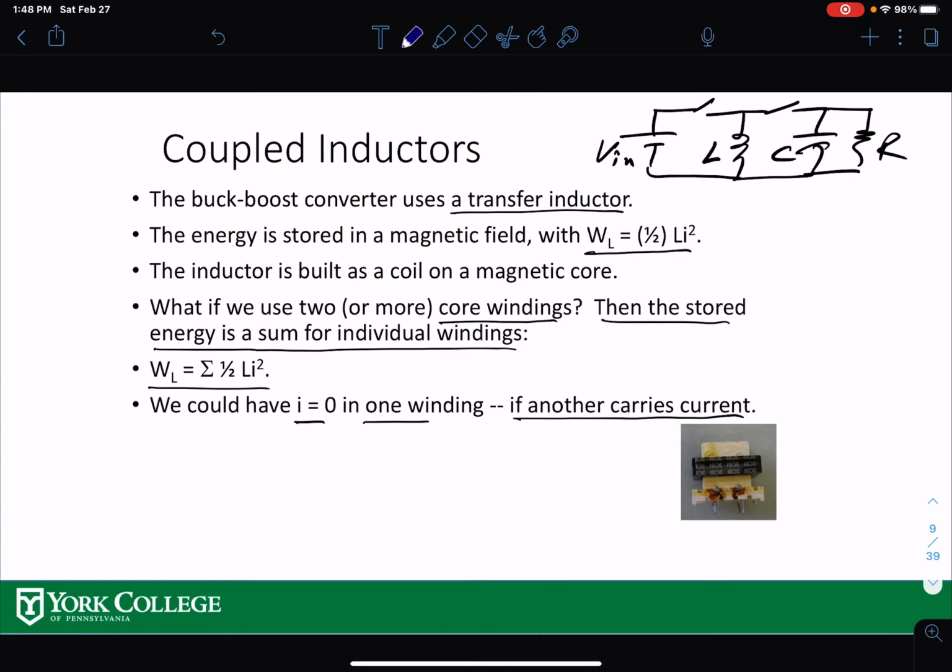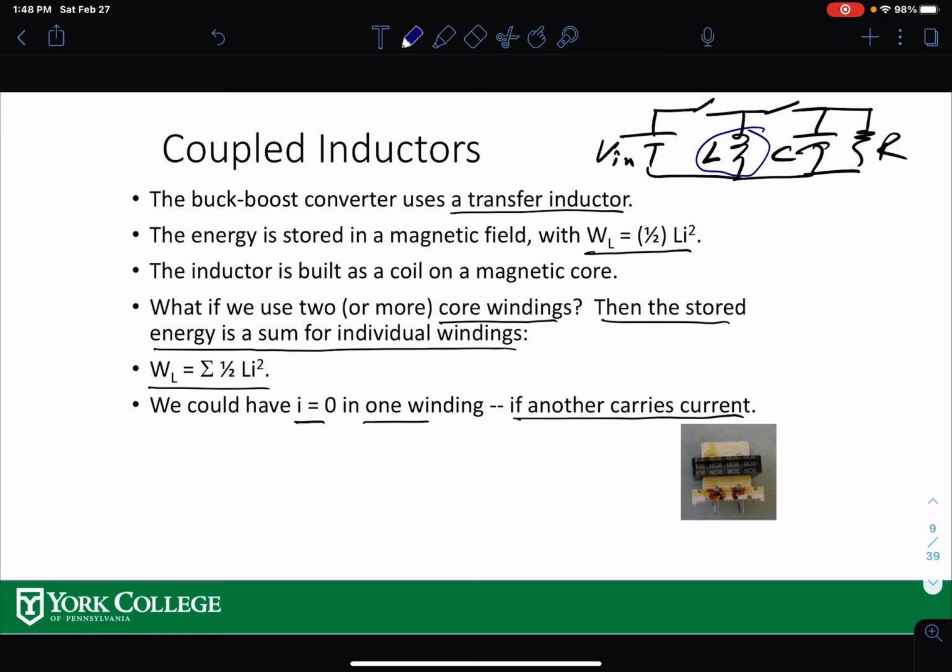So now, for the buck boost converter, we use an inductor as an energy transfer element, and that's also an element that shares input and output current, right? Because this is an indirect converter. In that case, how much energy an inductor can store is half Li squared, very similar to half CV squared.